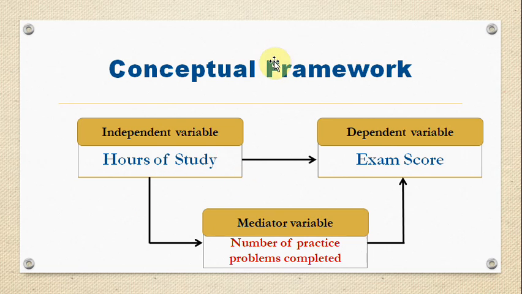In this particular structure, the person decided to extract the fact that the number of practices this student has done also affects exam score, and that is what we call a mediator variable. Of course, the hours of practice is part of the hours of study.